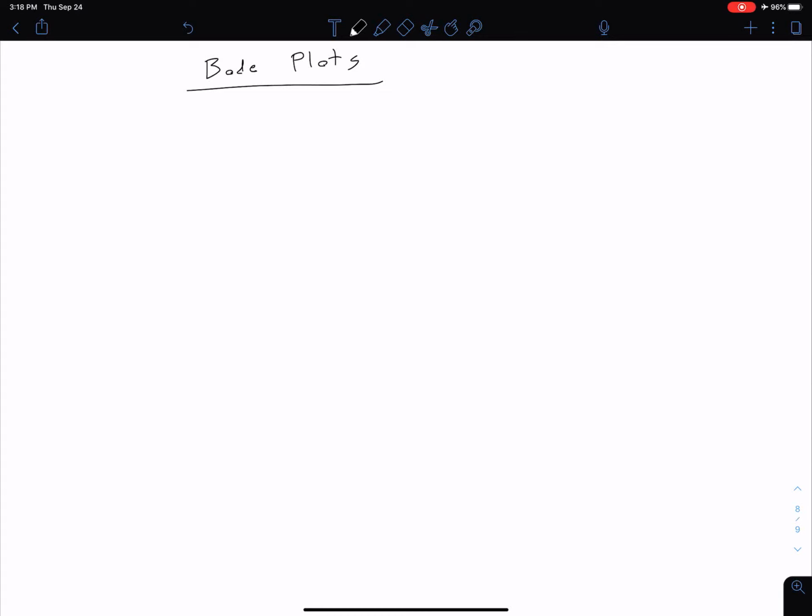Now that we have a better understanding of our decibels, let's look at our Bode plots. One other thing to note, before we get into our Bode plots in earnest, is that they are going to give us a good first order approximation, but they're not going to be as good as doing a computer simulation. By as good, I mean it's not going to be as accurate.